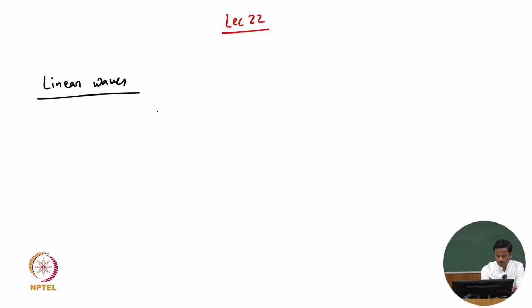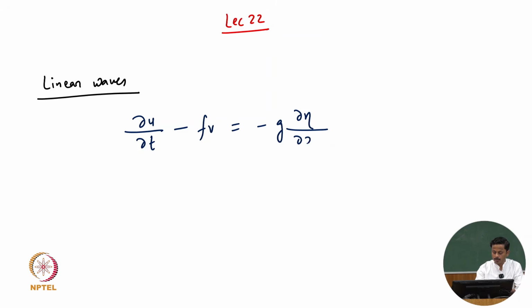We now have the linear governing equations. So del u del t. Remember that we derived the shallow water equations with the assumption that there is no vertical variation. Now we are putting an extra assumption that the system should be linear.